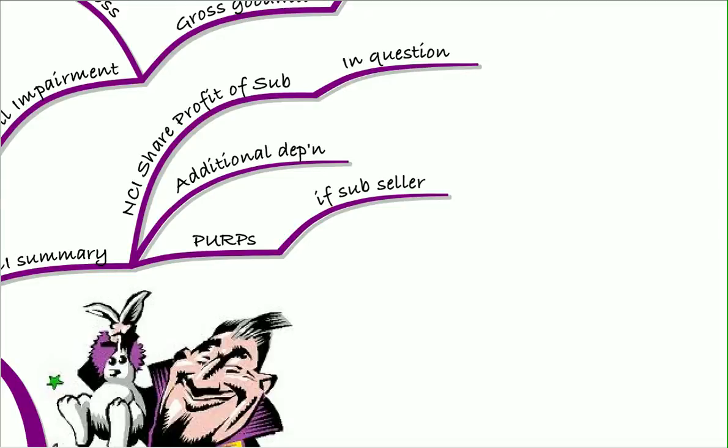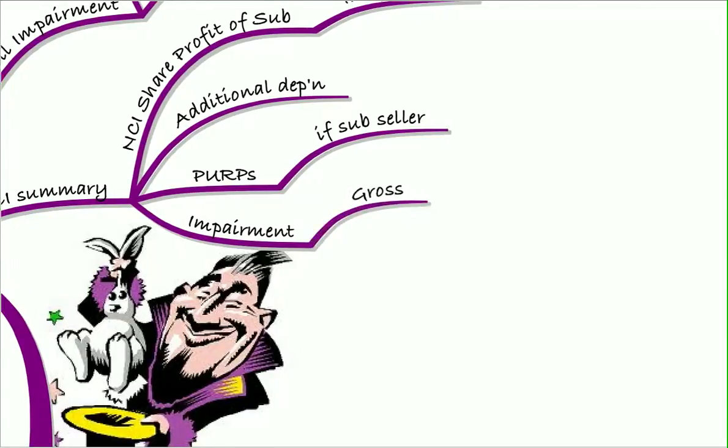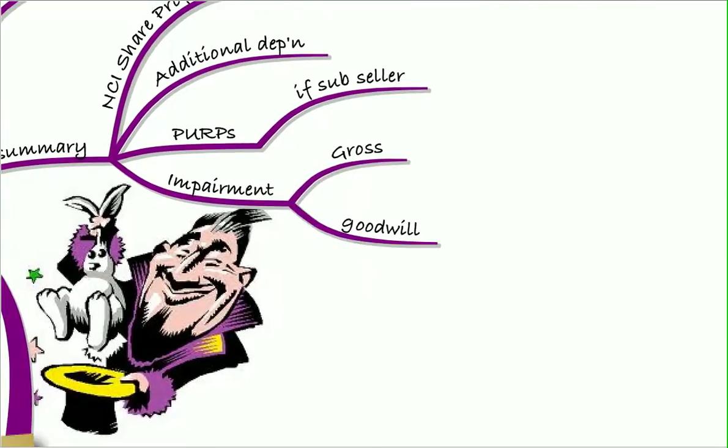So we'll subtract any perps for the NCI share if they are the seller. And if we have a goodwill impairment, so an impairment of gross goodwill, we'll adjust the NCI's profit for that as well. So make sure you learn that NCI summary. So that will get you the NCI share of profit for the group. The balancing figure will be the parent's share of profit for the group.